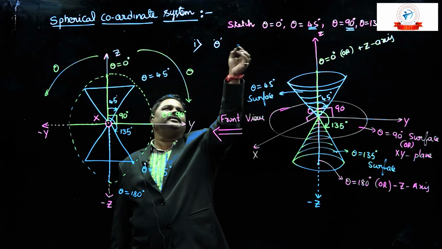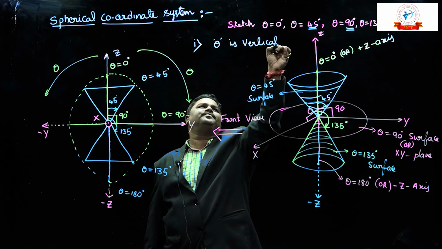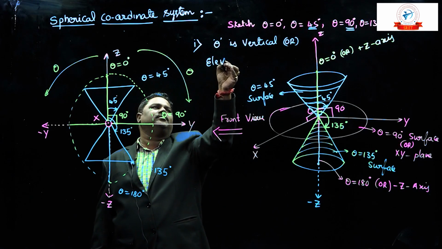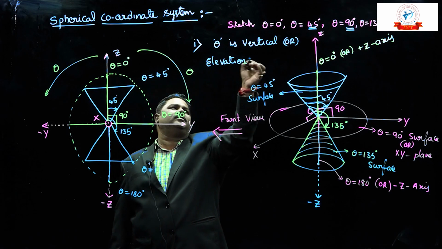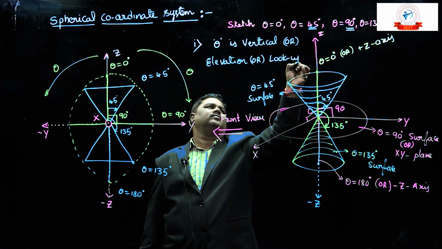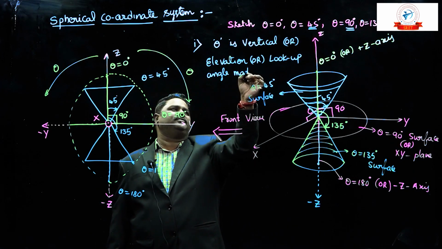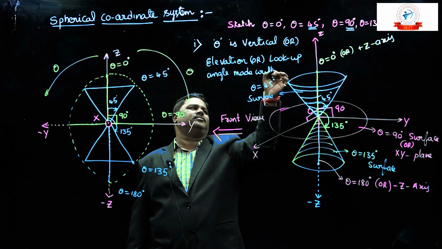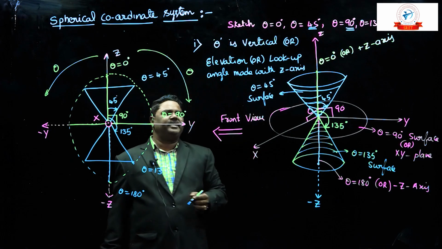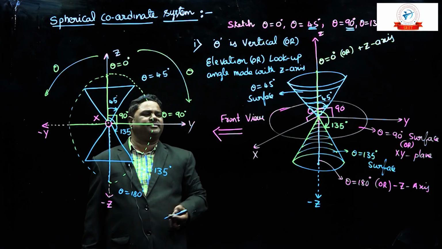So we are going to say that theta is a vertical or elevation or lookup angle made with the z-axis. Simply, theta is a vertical angle or elevation angle or lookup angle made with the z-axis. It is the first point.